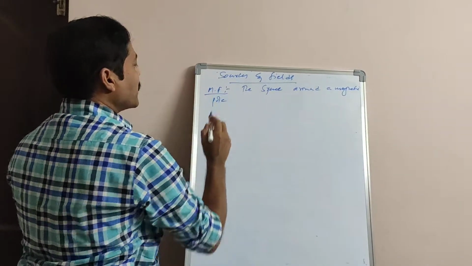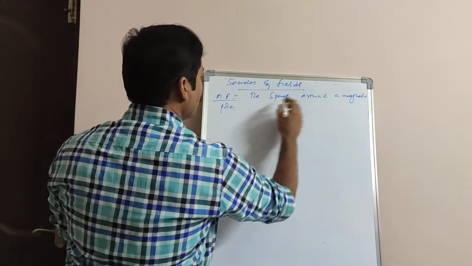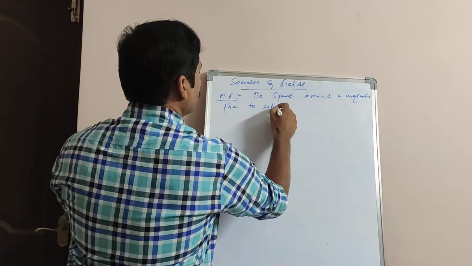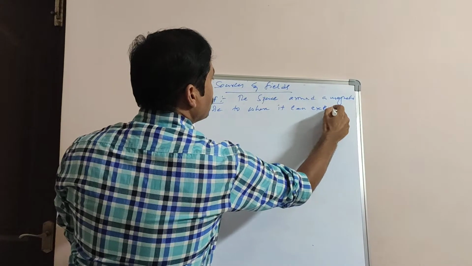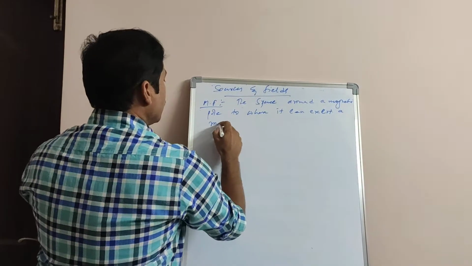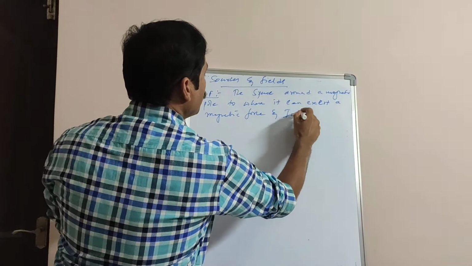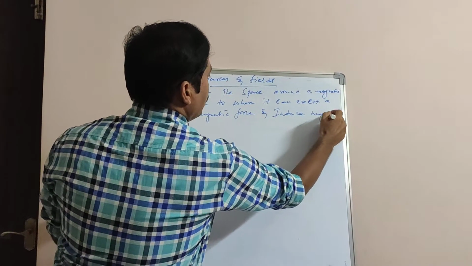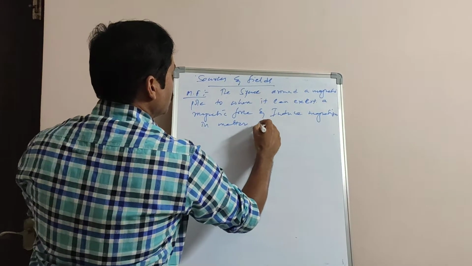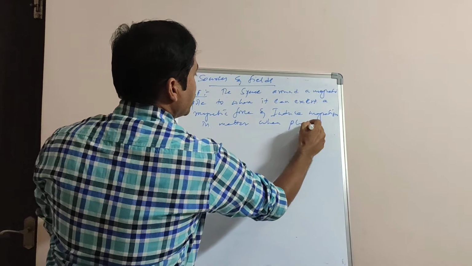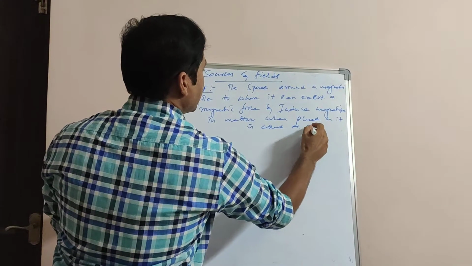So you know a magnet has two poles, one is the north pole and the other is the south pole. So the space around a magnetic pole to where it can exert a magnetic force and induce magnetism in matter when placed in it is called magnetic field.